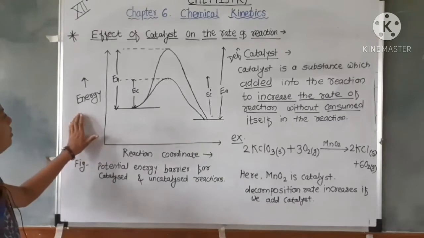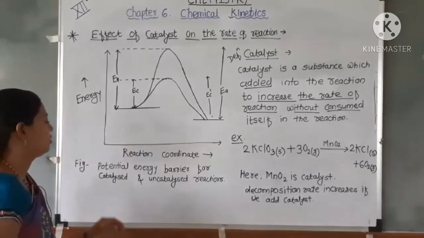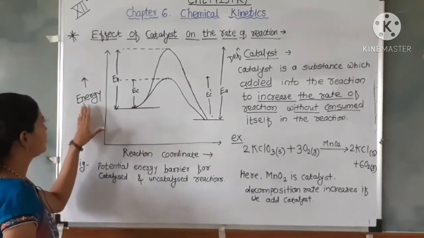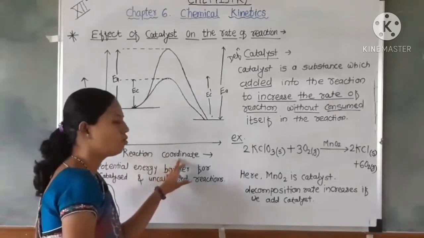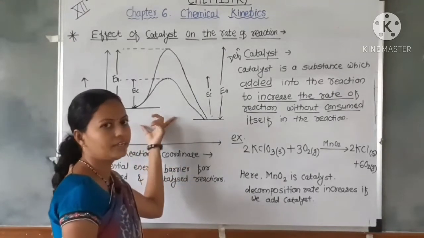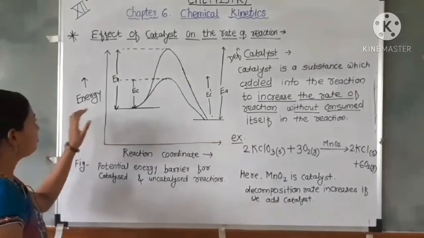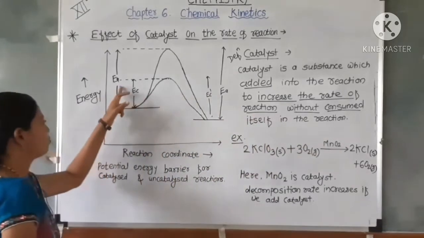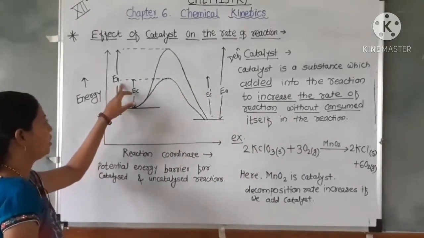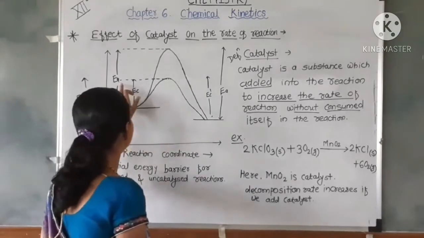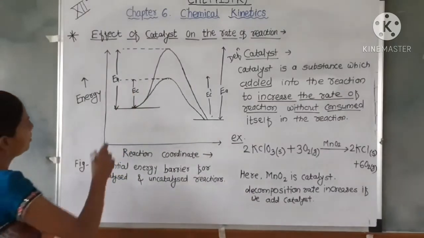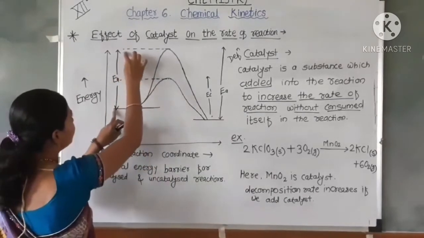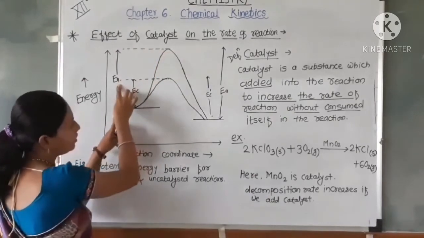If we plot the potential energy barrier for catalyzed and uncatalyzed reactions, energy versus reaction coordinate, in the presence and absence of a catalyst, the barrier for the uncatalyzed reaction is greater than for the catalyzed reaction.